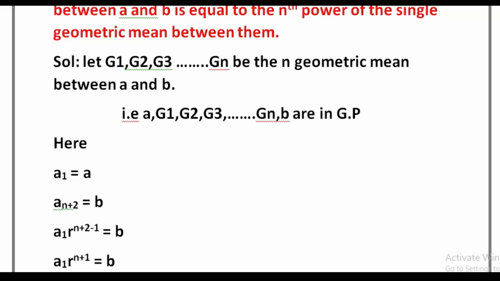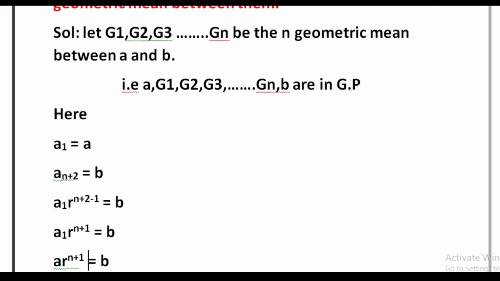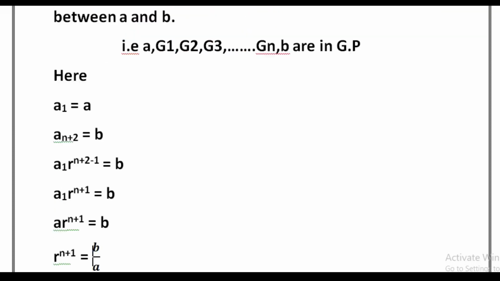So the value of A1 is A, R power n plus 1 is equal to B, dividing by A on both sides.